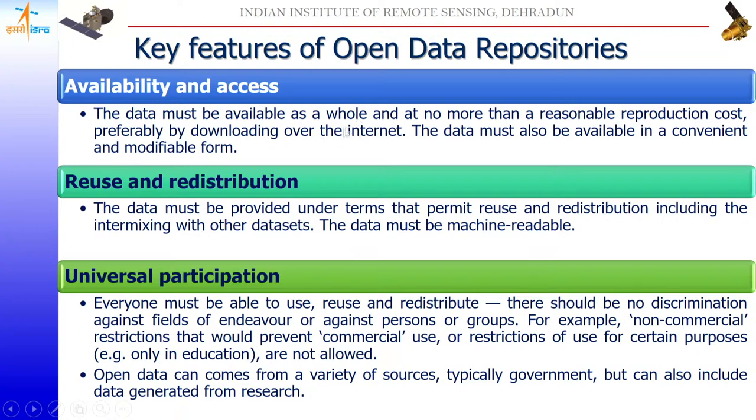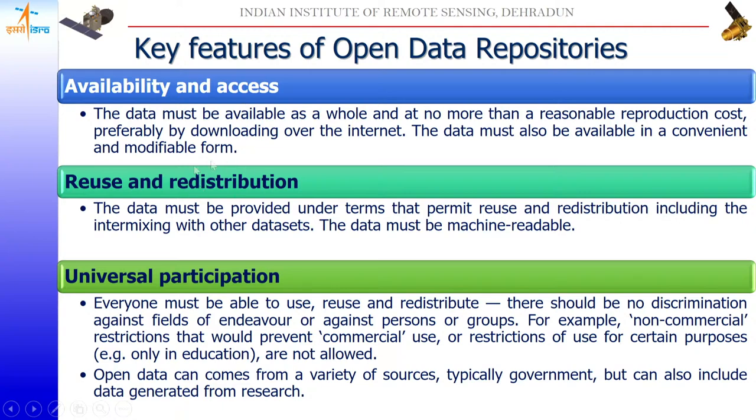Only that much cost should be involved, and the data must also be available in a convenient and modifiable form. It is not that I am downloading the data and I am not able to use it. It should be convenient to download as well as convenient to use and modify.